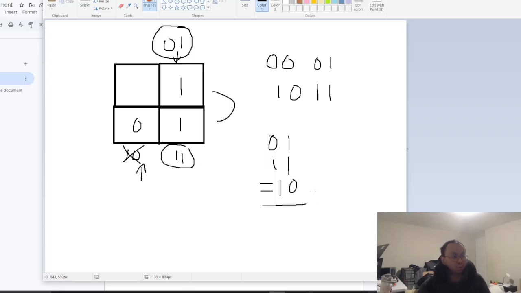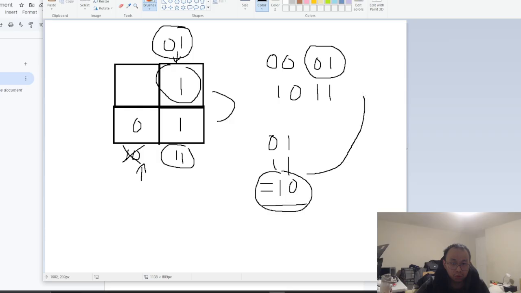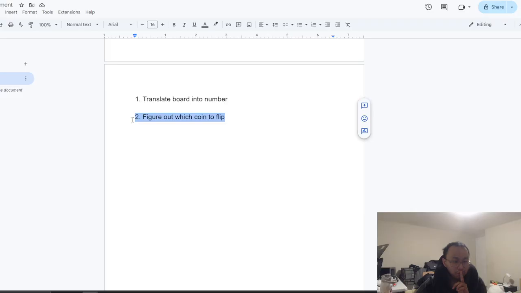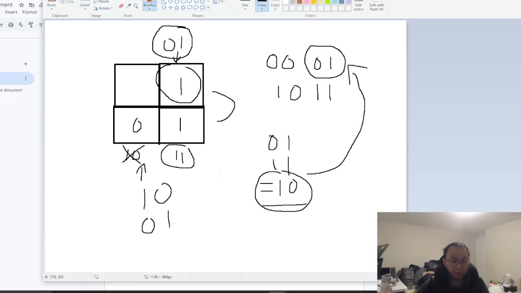Now, if the warden gives prisoner 1 this board state, which reads 3, and the number, let's say 2, which is this one, aka 0, 1, then we will need to convert 1, 0 to 0, 1. Now we get into the second part, which is figure out which coin to flip.